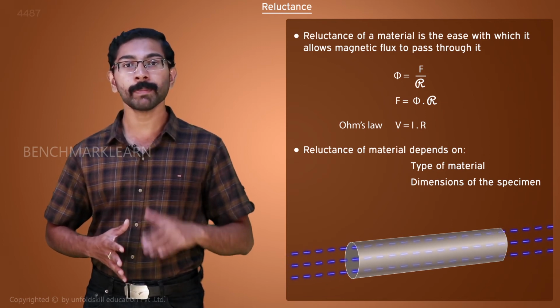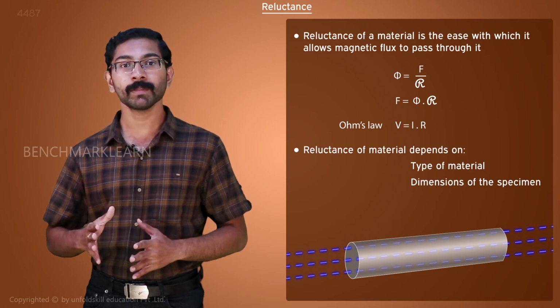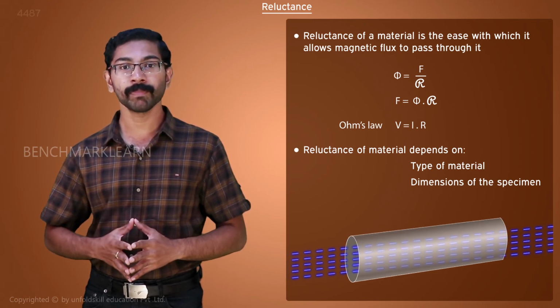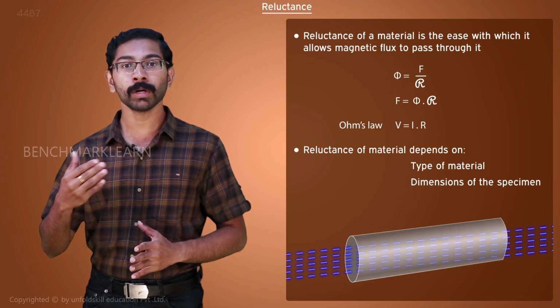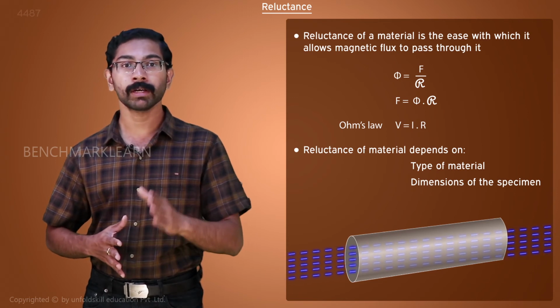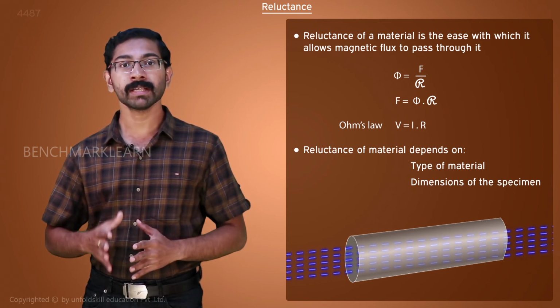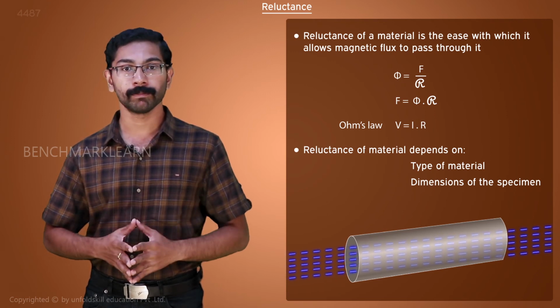Reluctance is inversely proportional to the cross section of the specimen. That is, a specimen with large cross-sectional area will have a lower reluctance. If there are more lanes in a highway, more vehicles can travel through it without crowding. Likewise, larger cross-sectional area allows more flux to pass through it.